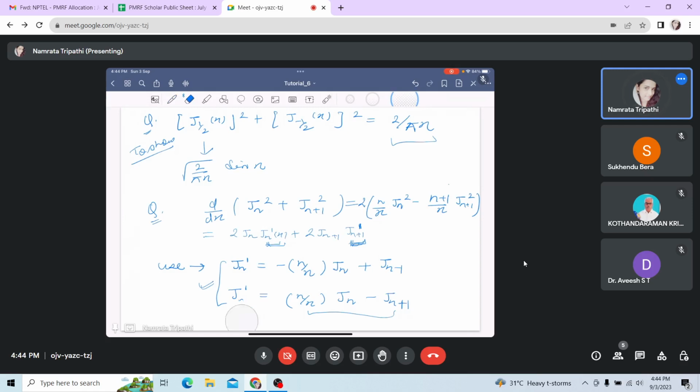Replace n with n plus 1 in this expression and substitute zn dash with the help of this expression, using these two expressions. Have you got the answer?